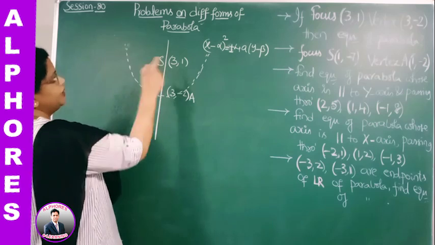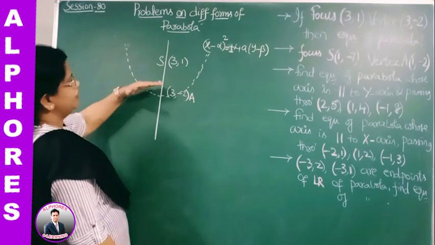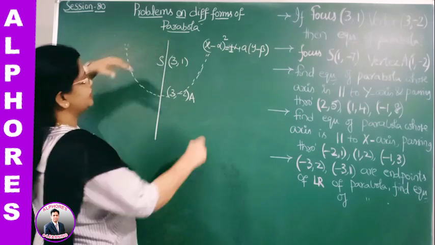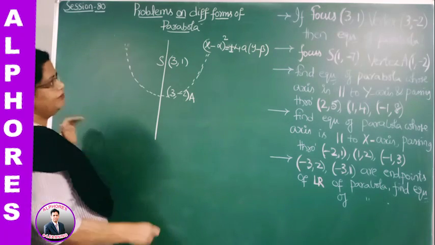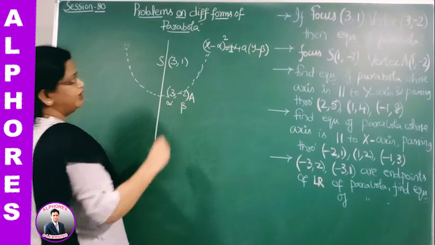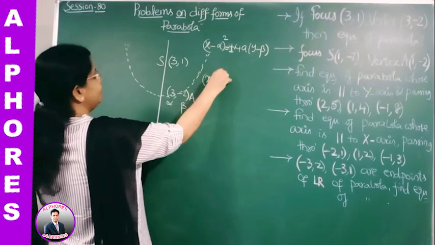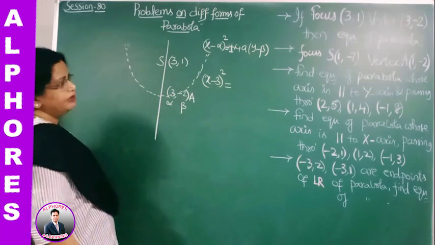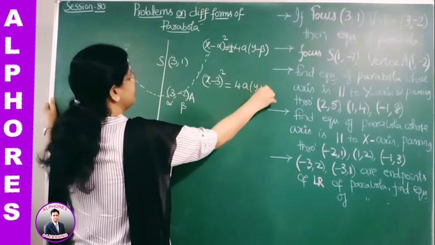Therefore this is the focus inside the curve and the vertex is 3, -2, which implies the curve is opening upwards. Whenever it is upwards, in plus or minus 4a we consider the positive value, that is 4a, and for the vertex this is alpha and this is our beta. Therefore we can write the equation as x minus 3 whole square equal to plus 4a, because it is upwards, into y minus of minus 2.